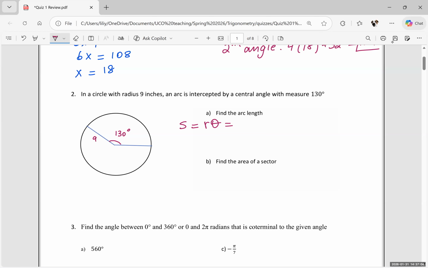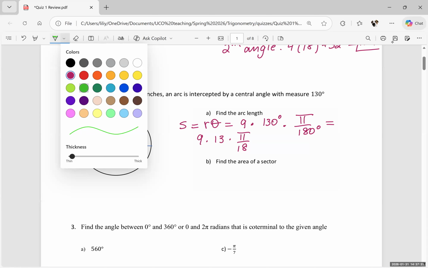I'm actually going to do this all on one line. So my radius is 9, my theta is 130, but I have to convert it to radians, so pi divided by 180 degrees. Some simplification is in order. The 130 and 180, you can easily reduce by 10, so I'll write it one more time: 13 pi over 18.